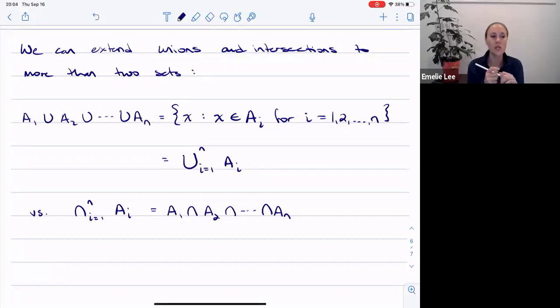So that's just a heads up that we could look at more than two sets for a union or an intersection, and that's how we would denote them. But it's also getting us into the swing of things with subscript i to denote a range of values, from 1 to n.